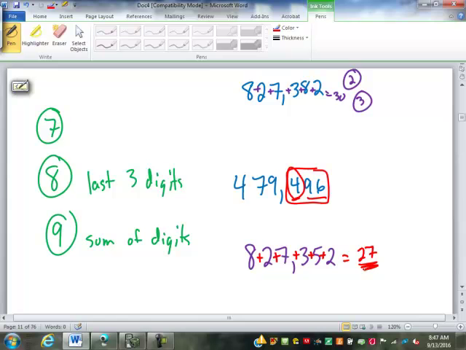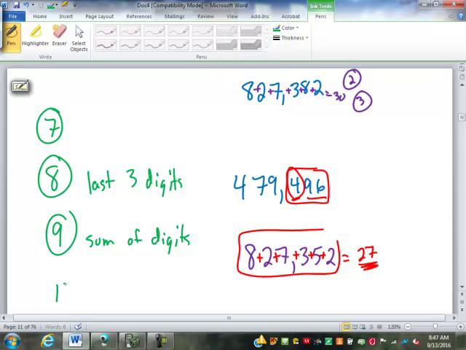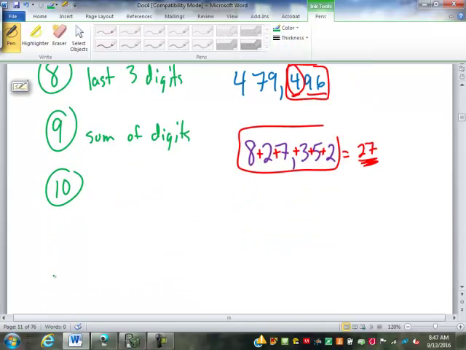Is 27 divisible by 9? Yes, so the whole thing is divisible by 9. And then, of course, to tell if something's divisible by 10, the last digit is 0, right? As long as it's 0, you can look at it very quickly and tell it's divisible by 10.